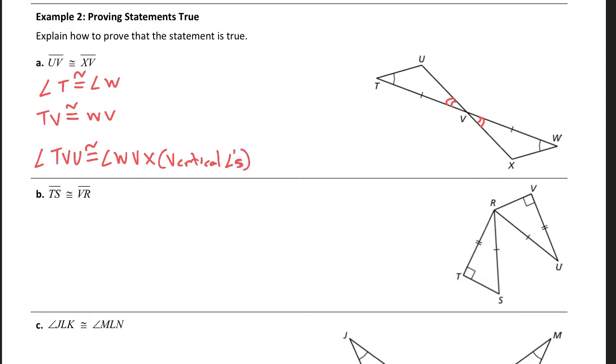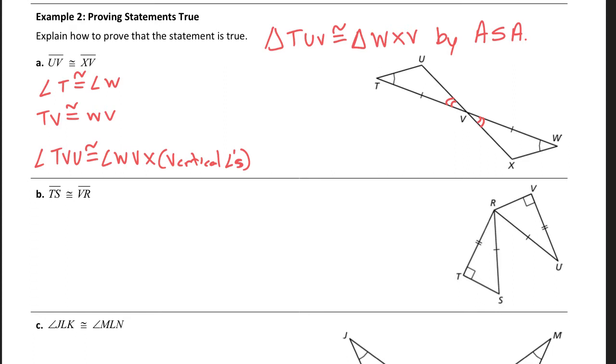So what that means with these things being proven, that means that triangle TUV is congruent to triangle WXV by, and with all those things we can assume, they're congruent by ASA. That is the main thing to know, the way we can say that those relationships are the same.